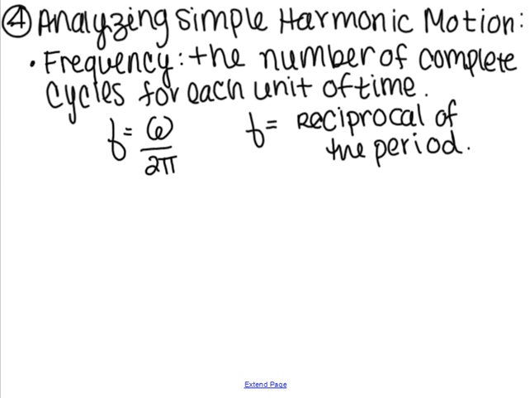So let's do an example where we find multiple things. We're going to be finding number 1, maximum displacement, number 2, frequency, and number 3, the time it requires for an object to complete one cycle in simple harmonic motion.